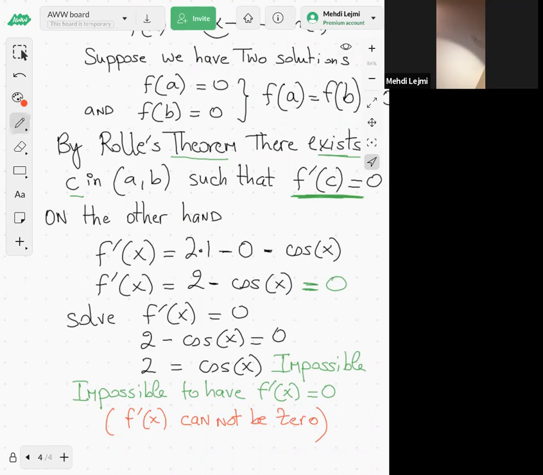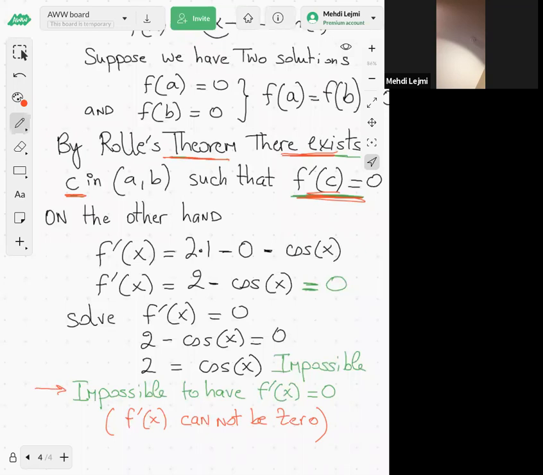But on the other hand, Rolle's theorem says that there exists a number c in your interval so that f prime of c is 0. But that's not possible. I just concluded that it's impossible for the derivative to be 0. So that's my contradiction.